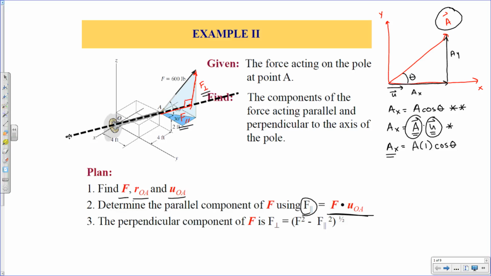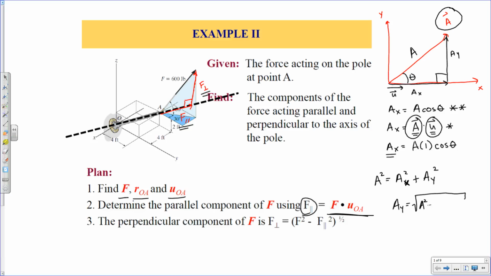Okay, well here's something. Let's go back to this two-dimensional picture. This is a right triangle. If the hypotenuse, the length, is equal to the magnitude of the vector A, then I can use the Pythagorean theorem: A squared is equal to A parallel squared, or rather A_x for this drawing, sorry, plus A_y squared. And I can solve for A_y, which at this point would be the only unknown in this equation.